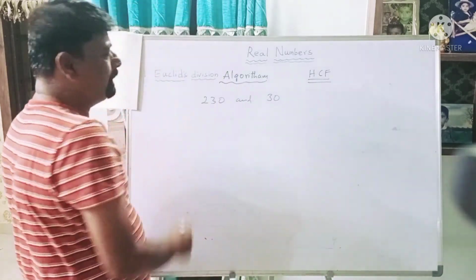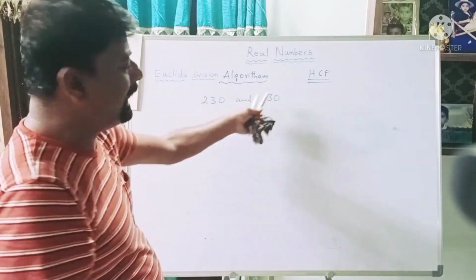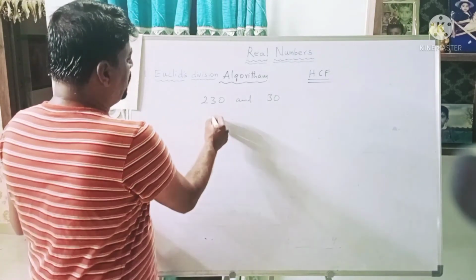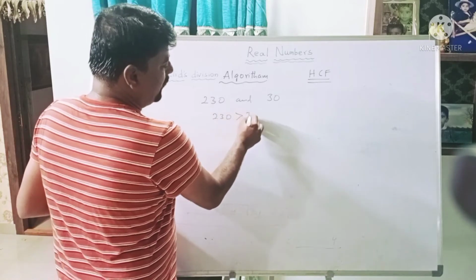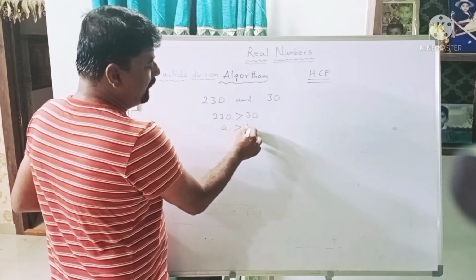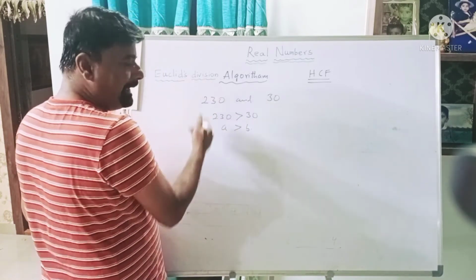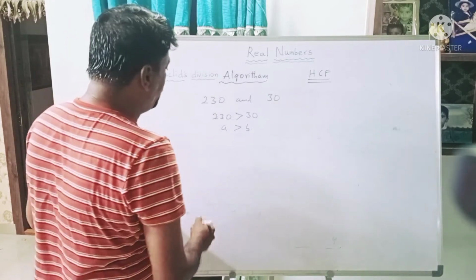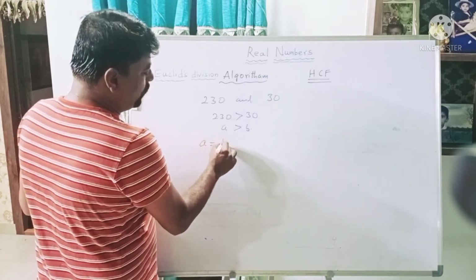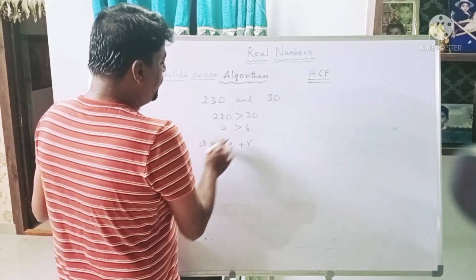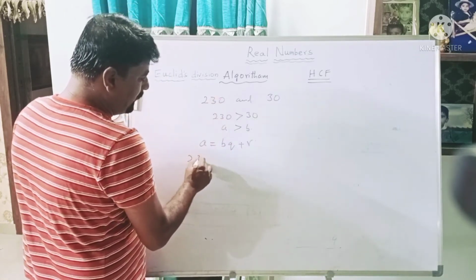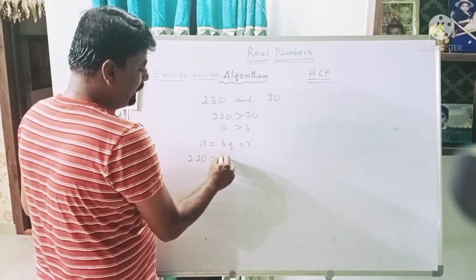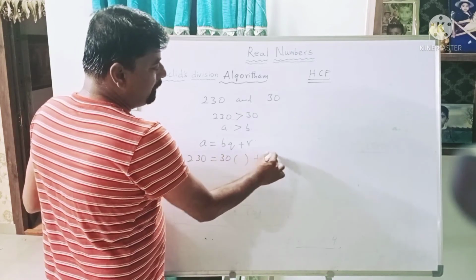So these simple numbers I have taken, you take 230 and 30. So here 230 is greater than 30 beta, I mean A is greater than B. So according to EDL, Euclid's division lemma, you can say that A is equal to what, Nana? A is equal to BQ plus R. Here 230 is equal to, what is B beta? 30 into something plus something beta.